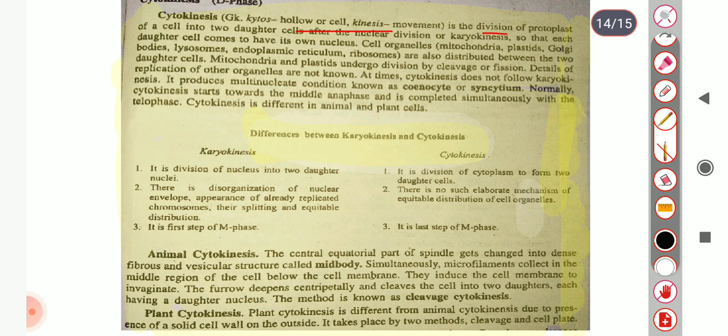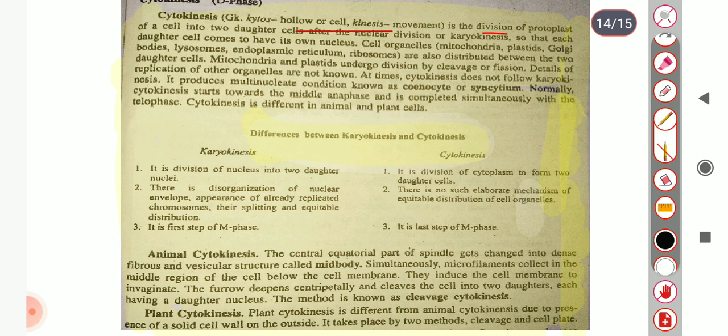You can see the difference between karyokinesis and cytokinesis. First of all, karyokinesis is the division of the nucleus into two daughter nuclei, whereas cytokinesis is the division of cytoplasm into two daughter cells.